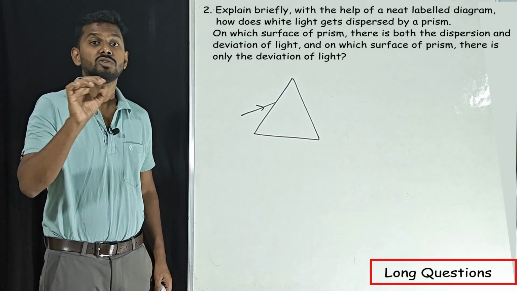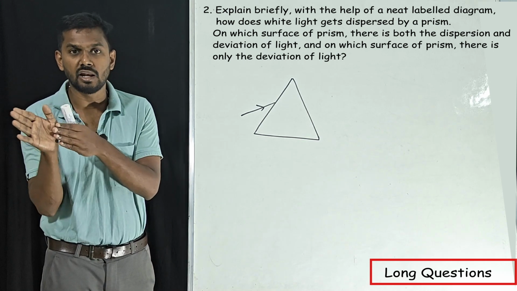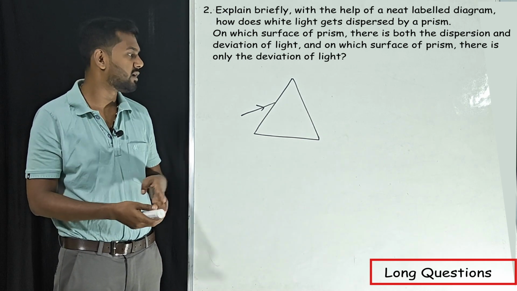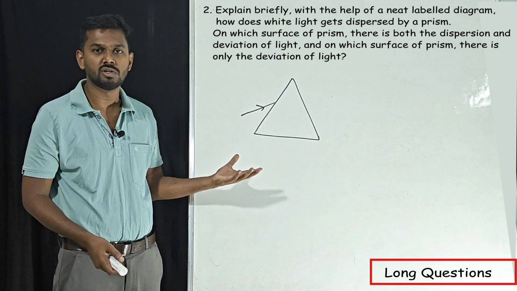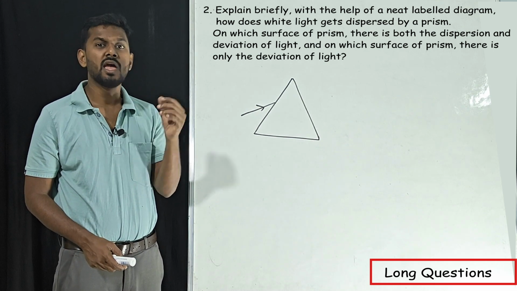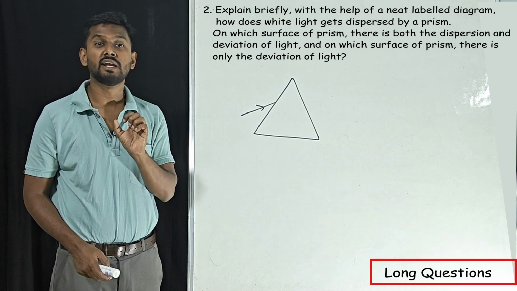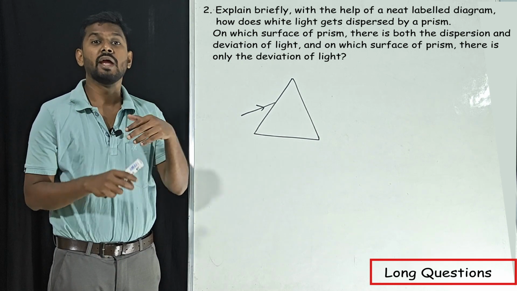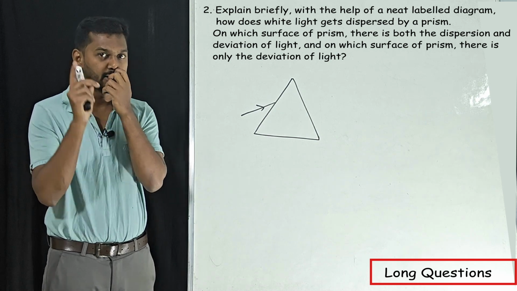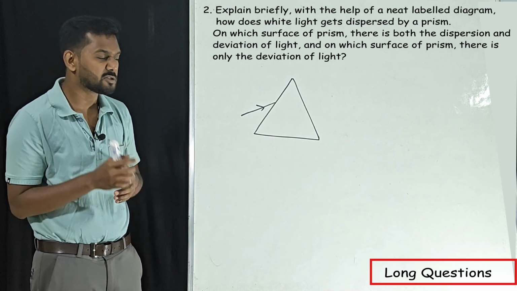And keep one thing in mind, we discussed this in the concept video also: the prism does not produce colors, it splits the colors. Splitting is nothing but dispersion.